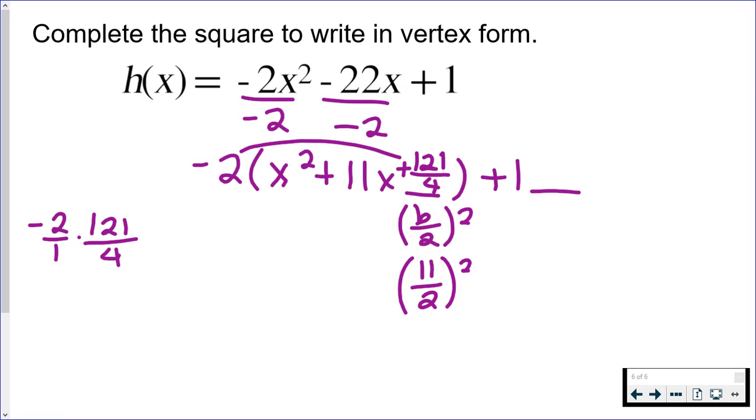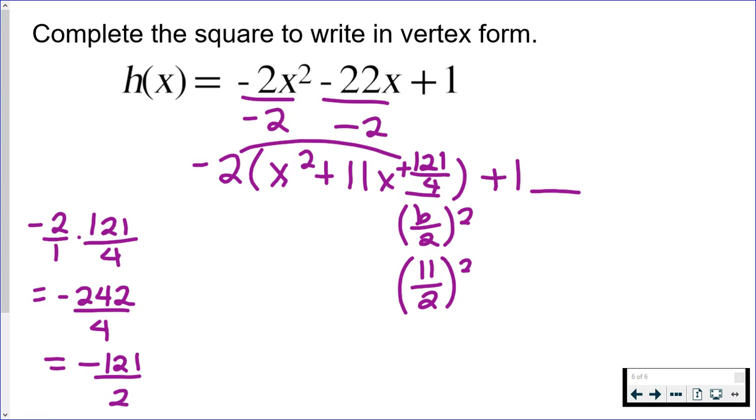So you can do this off to the side if you want. It's the same thing as -242 over 4, which would reduce to -121 over 2.